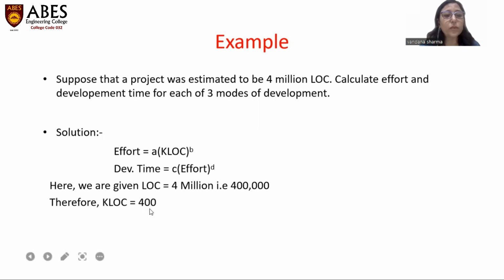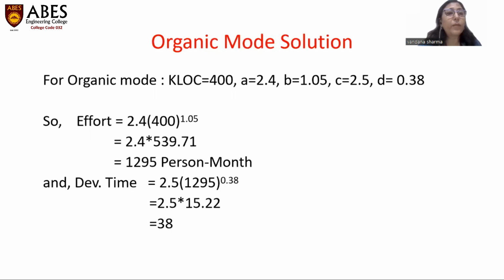Therefore, KLOC equals 400. So for organic mode, KLOC equals 400, A equals 2.4, B equals 1.05, C equals 2.5, and D equals 0.38. Now we will put in the constants A and B, that is, A is 2.4 and B is 1.05.